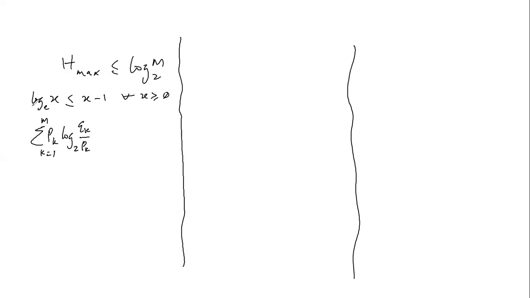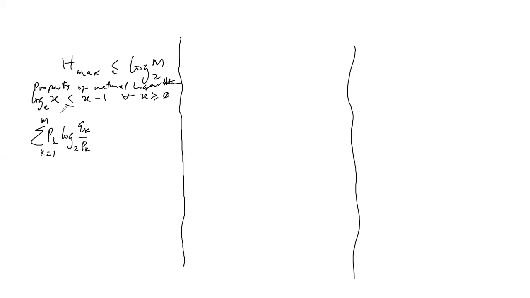And now, recall the property of the natural logarithm. We have so many theorems, rules and properties, that the natural logarithm of x is less than or equal to x minus 1. So there's an inequality rule with respect to the natural logarithm of some variable x.